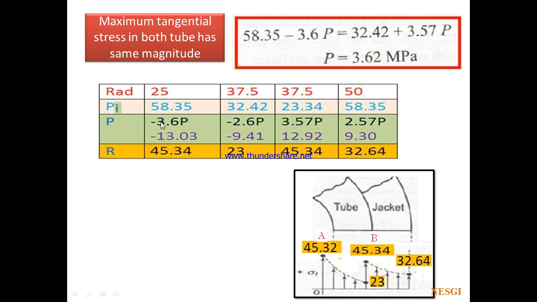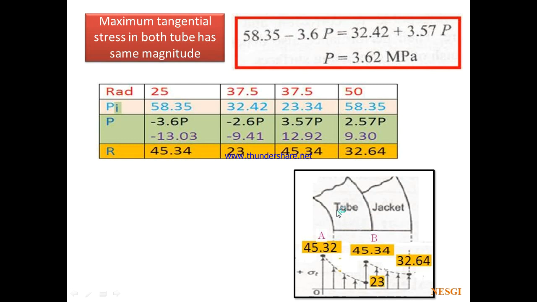We got the stress due to shrinkage pressure at different radius in terms of P. So you just substitute the value of P, and you will get the actual values. Make addition of both, means 58.35 minus 13.03 is 45.34.